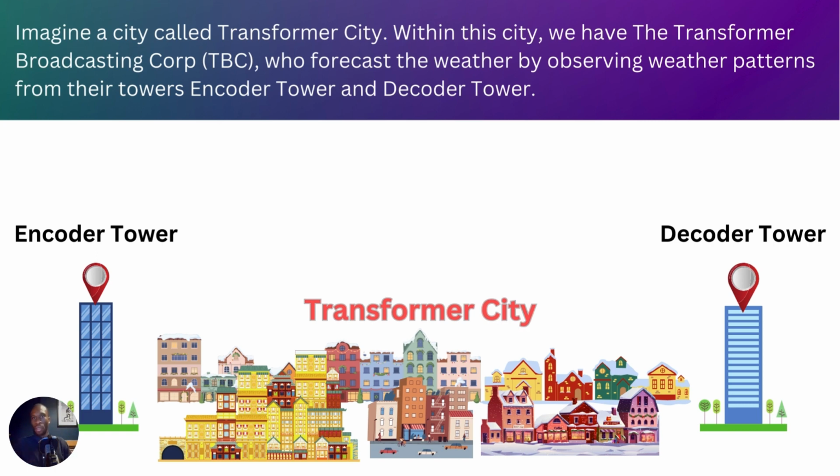And the job of the TBC is to forecast the weather over Transformer City. And they do this by setting up two towers. So they have one tower to the west of Transformer City, and that's called Encoder Tower, and another tower, which is located in the city center, called Decoder Tower.